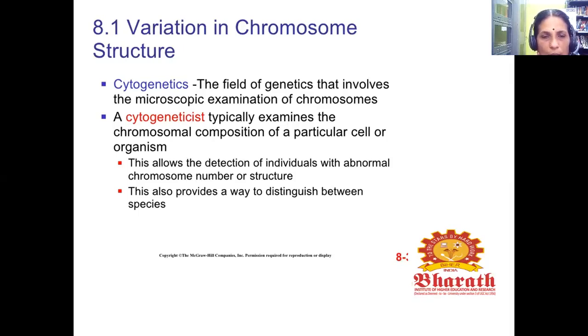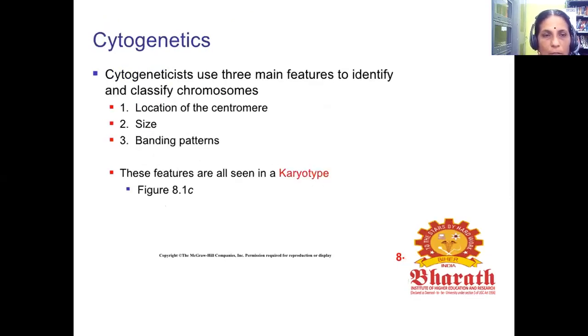So this allows the detection of individuals with abnormal chromosome number or structure. This also provides a way to distinguish between species. Cytogenetics uses three main features to identify and classify chromosomes. The first is the location of the centromere, then size, then banding patterns.